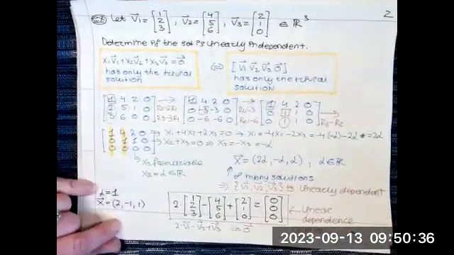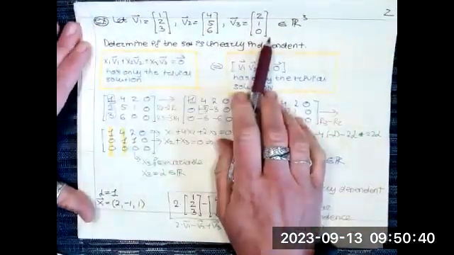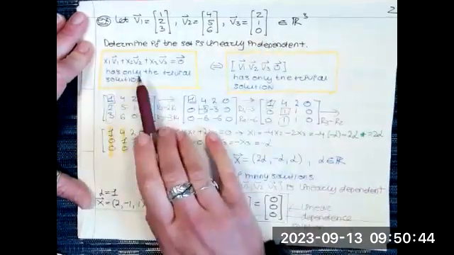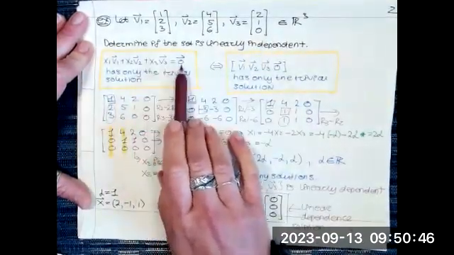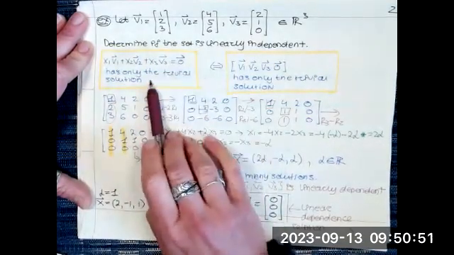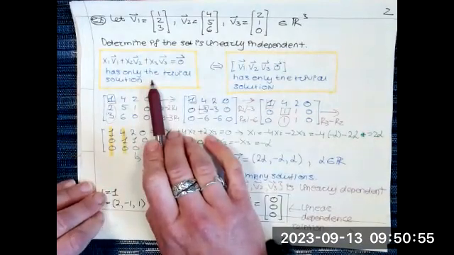That makes sense? Whenever you're given a set of vectors and you want to figure out if they're linearly dependent or independent, you're trying to solve this homogeneous equation. If this homogeneous equation only has the trivial solution, then my set of vectors is linearly independent.